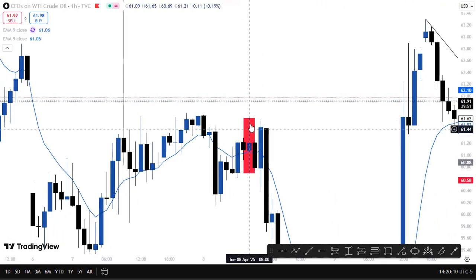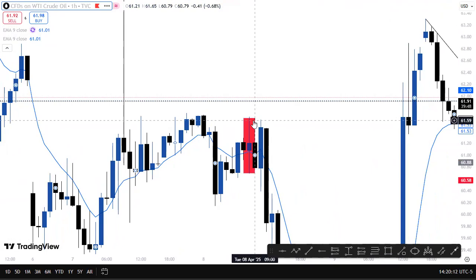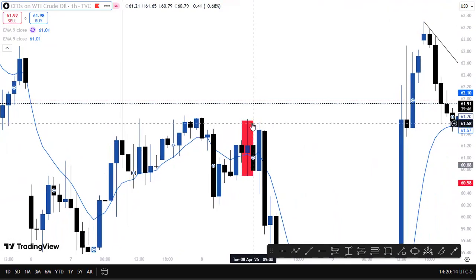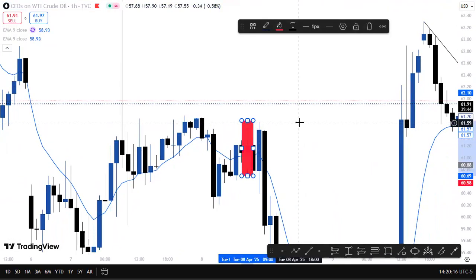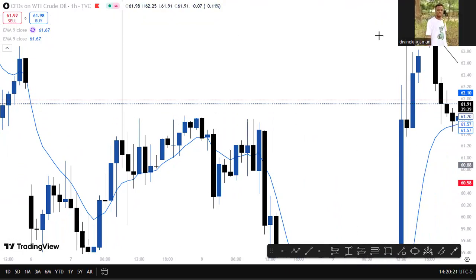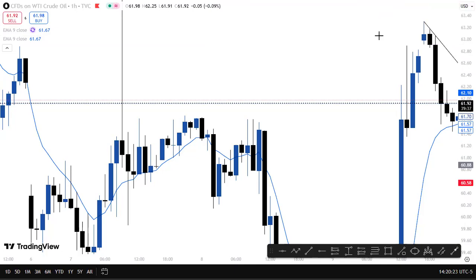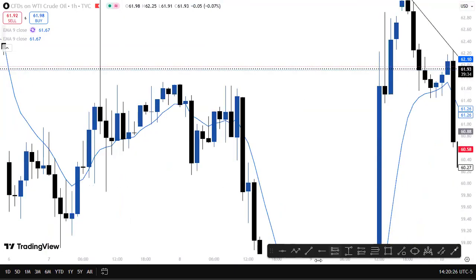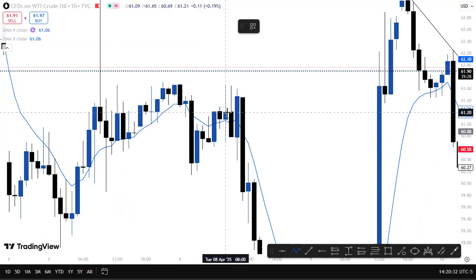Let me see if I can reduce the chart. Okay, so now this is an example of a bullish doji.